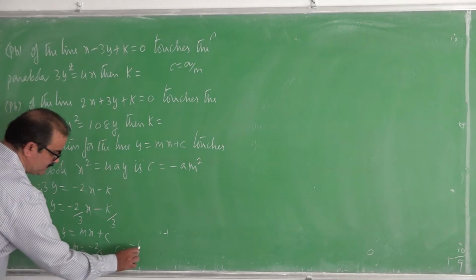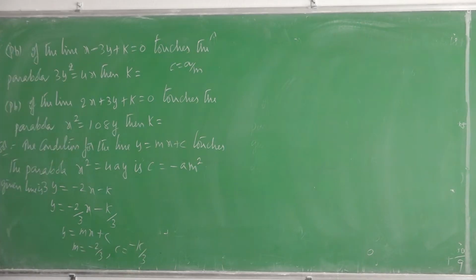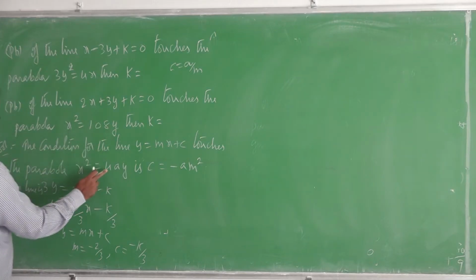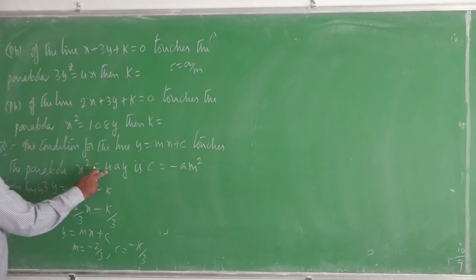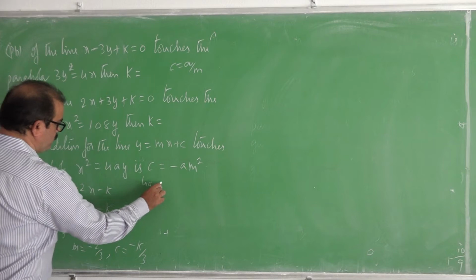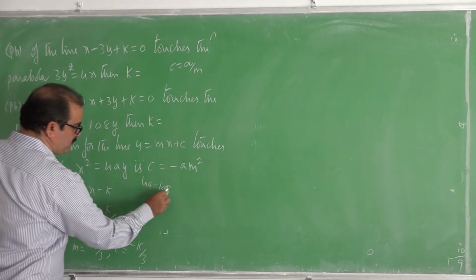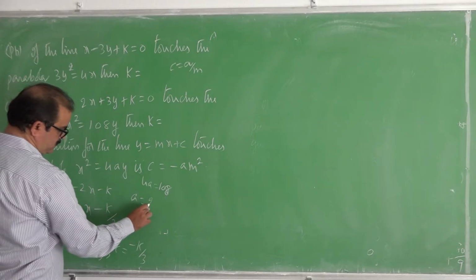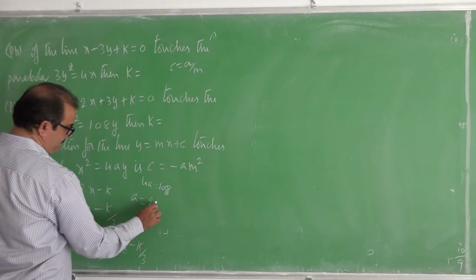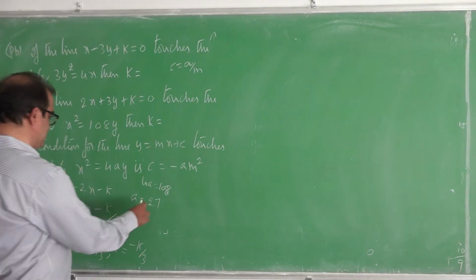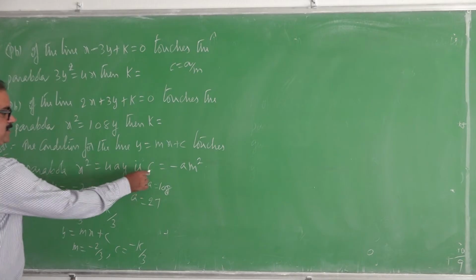What is the c value? Minus k by 3. What is the given parabola? x square is equal to 108y. So compare this parabola with this: 4a is equal to 108. Then a is equal to 108 by 4, that is 27. a is 27.